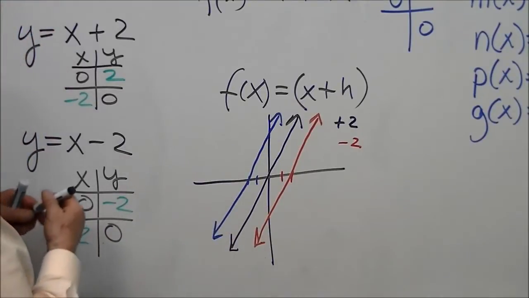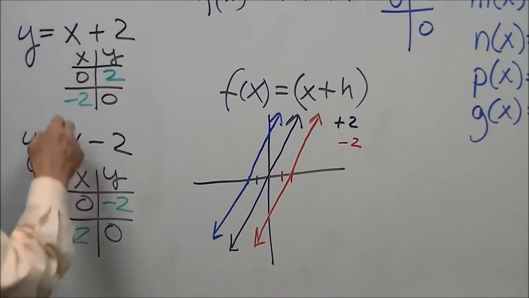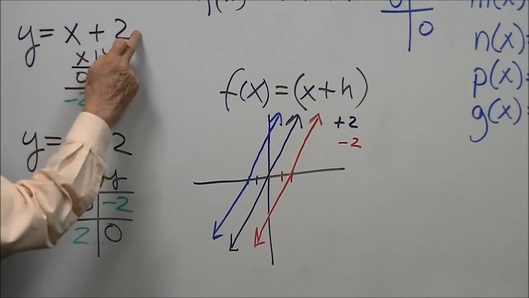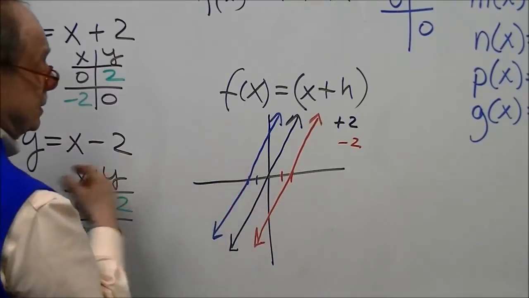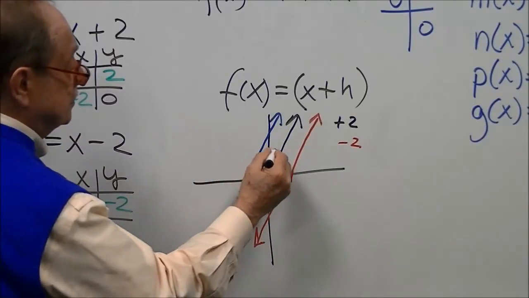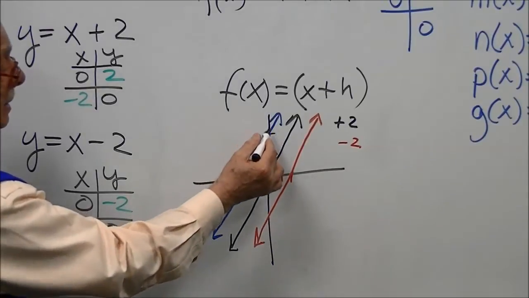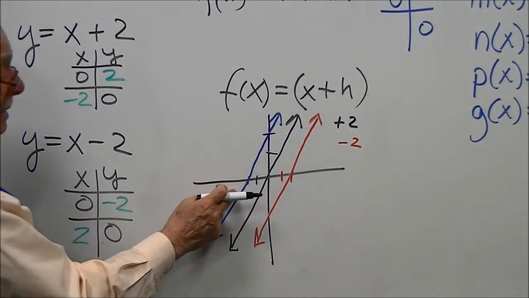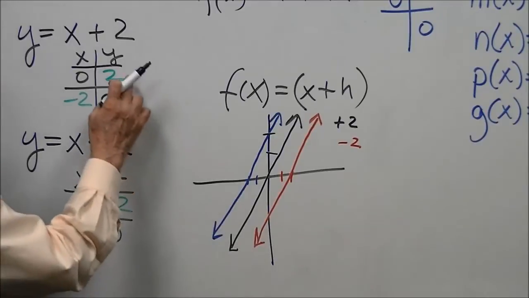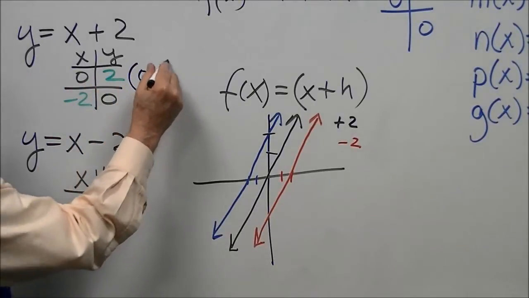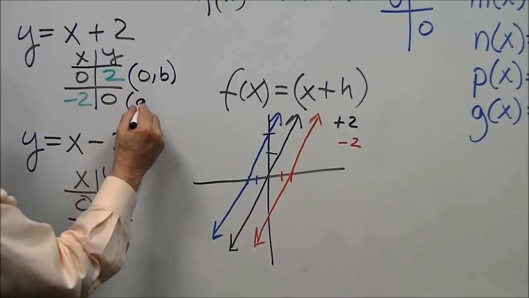So if your basic equation is, as we see over here, y equals x plus 2, we know it's going to go through 2 there, and then what will be the x-intercept? Well, this is your y-intercept. Our x-intercept is this.